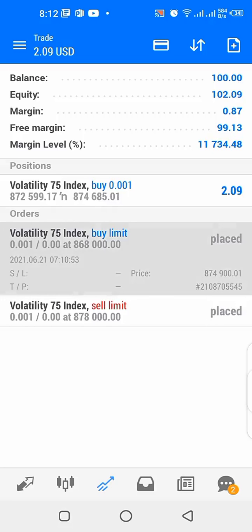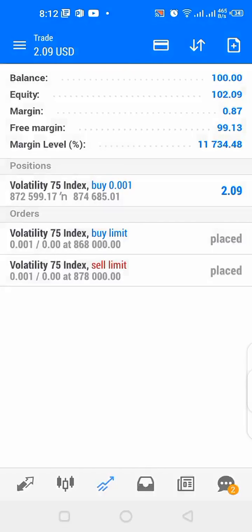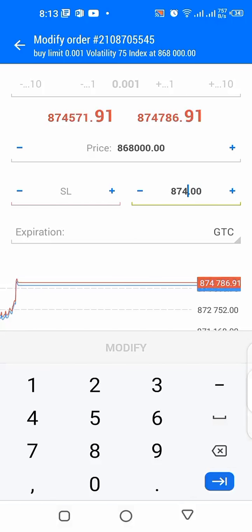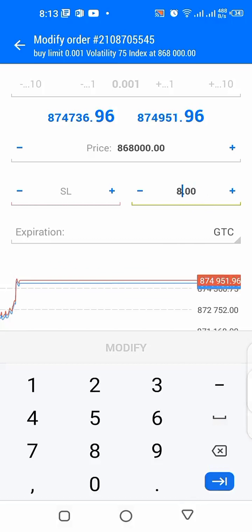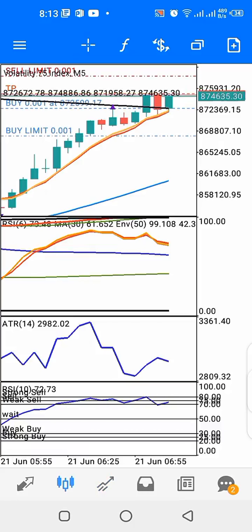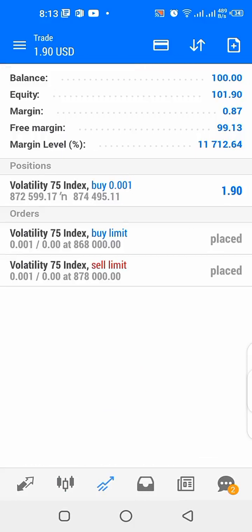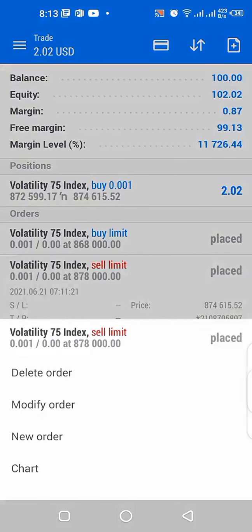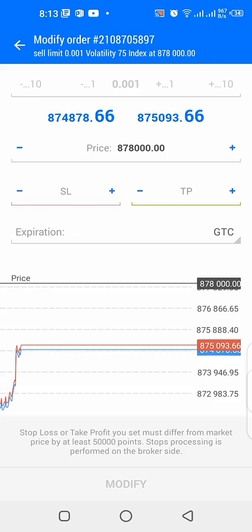But if you notice, I have a buy limit and a sell limit, right? If you notice on my trade dashboard, I have my buy limit at the 868,000 level, and my sell limit at the 878,000 level.